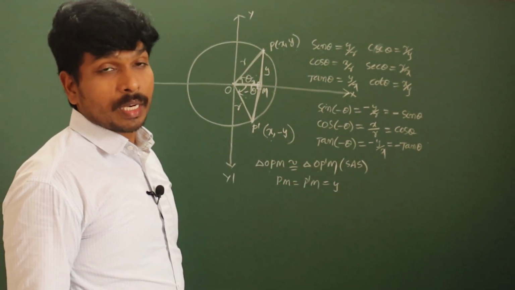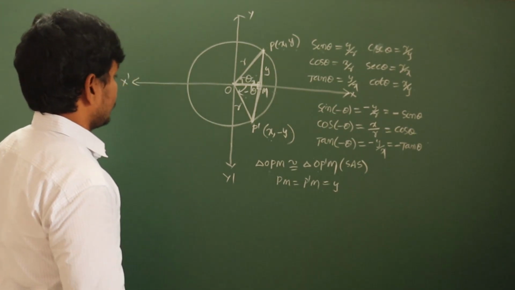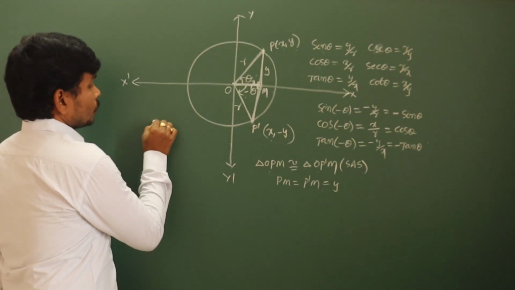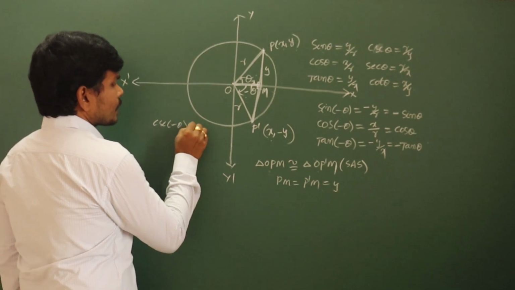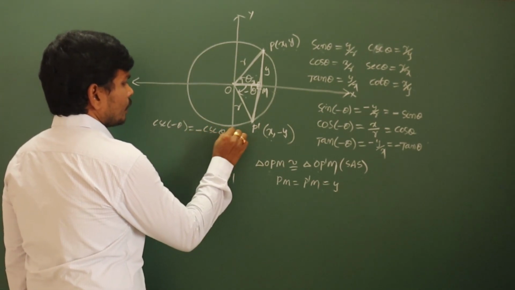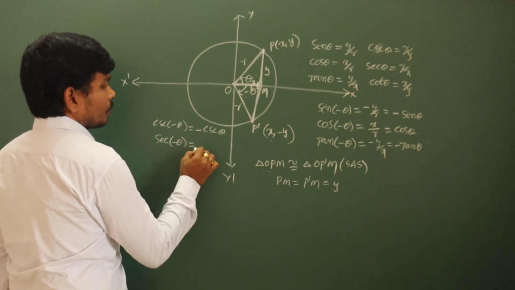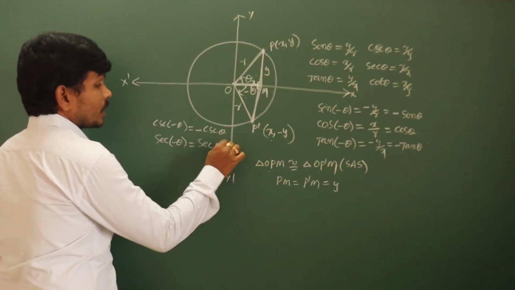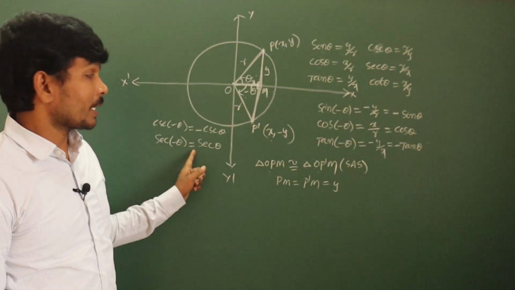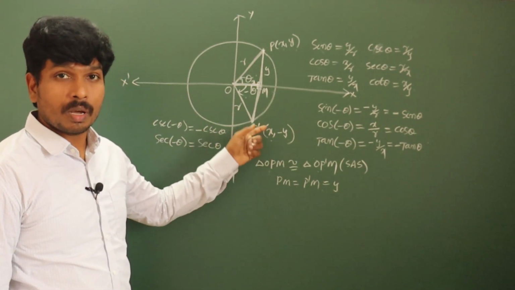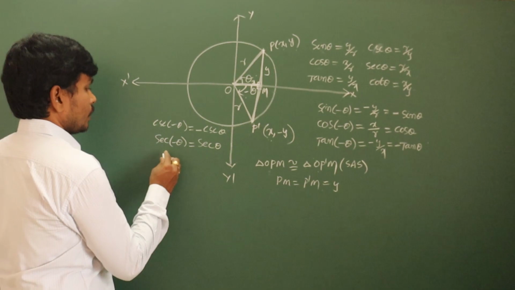Negative angles also come like that only. Cosec of minus theta is minus cosec theta only. Sec of minus theta is equal to sec theta, positive, because it is r by x, r positive, x positive, so that's why positive.